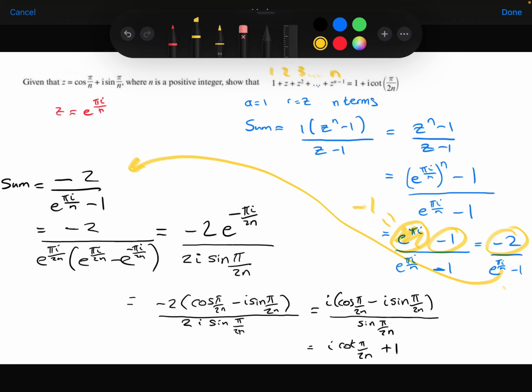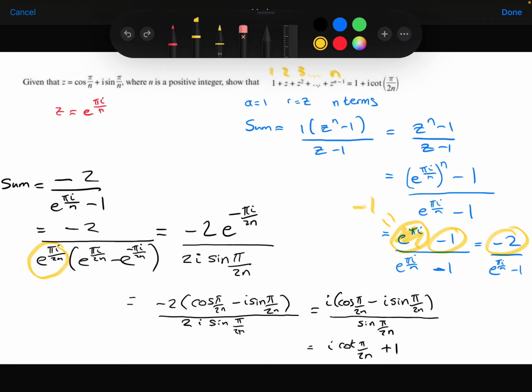The next thing I did was I used that trick of factorising out the e to the pi i over 2n. This times this is this. The pi i over 2n plus pi i over 2n is pi i over n.